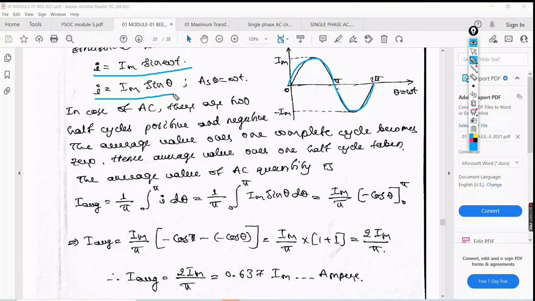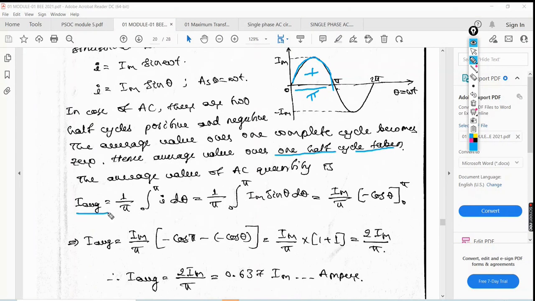Omega t will be replaced by theta to simplify the solution. Instead of the full cycle, I consider only the positive half cycle or the negative half cycle, taken over a time of pi. The average value will be taken for only one half cycle.